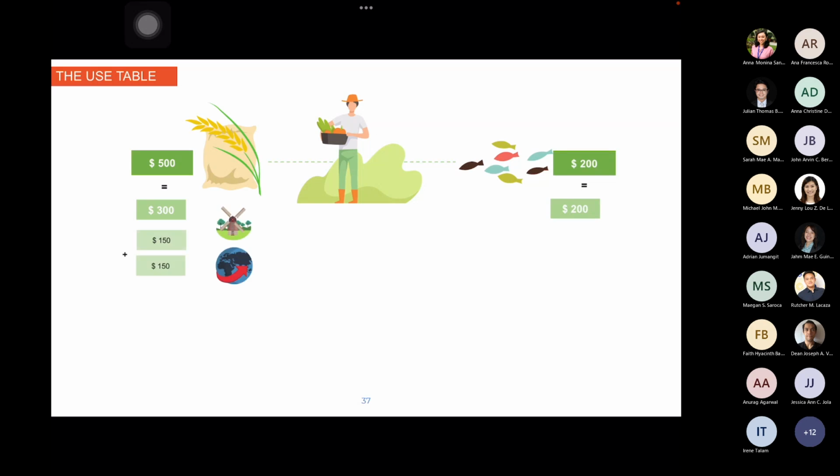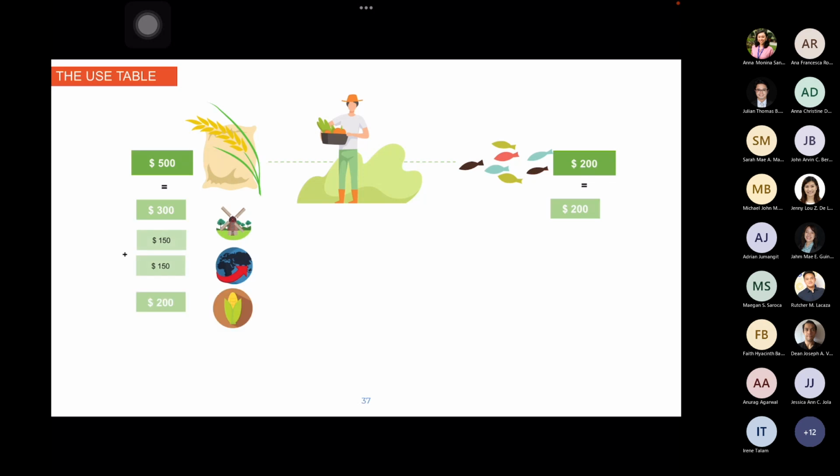So in the $300 worth of, let's say, wheat supply, $150 is purchased by the mills to be transformed or processed into another product, and the remaining $150 is then exported abroad to be processed by another economy.